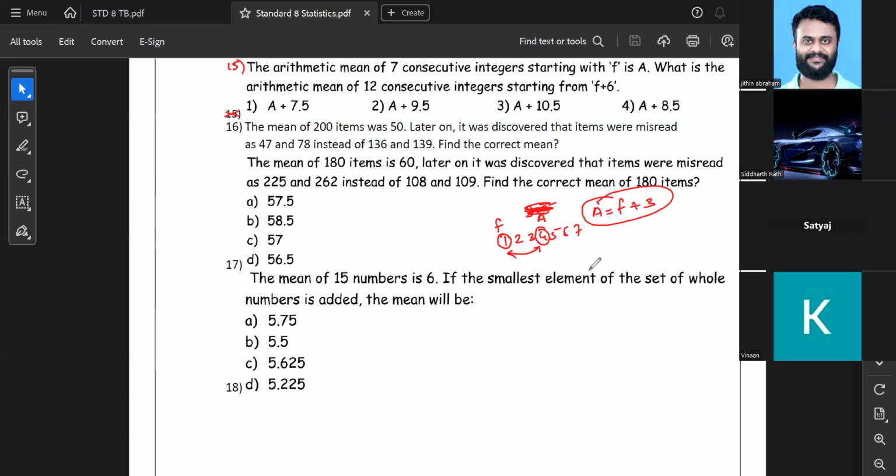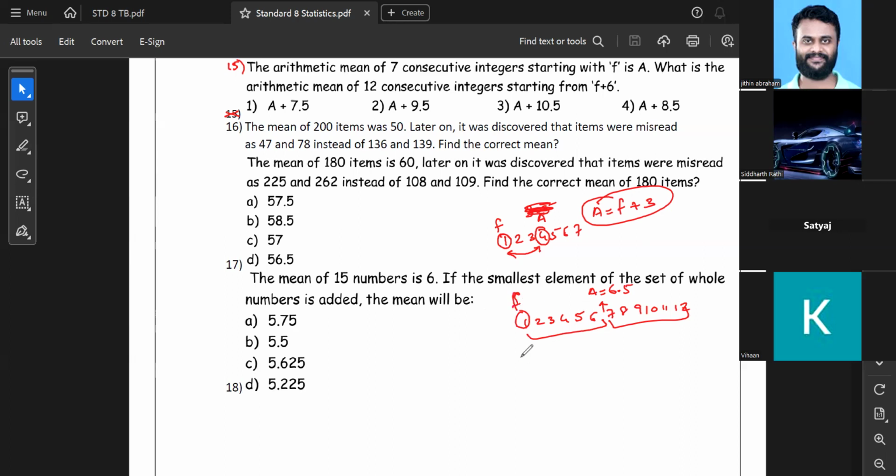Same way goes for 12 consecutive integers, like 1, 2, 3, 4, 5, 6, 7, 8, 9, 10, 11, 12. For this, the average is going to be 6.5, and the first value over here is 1.